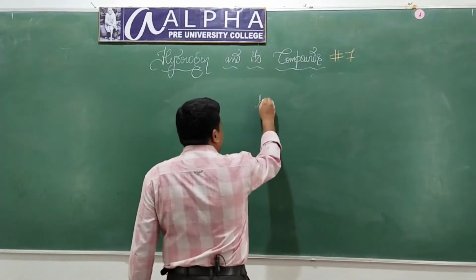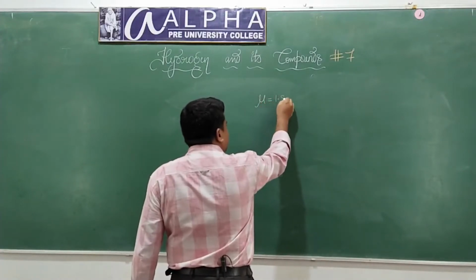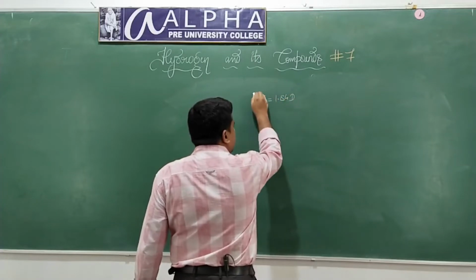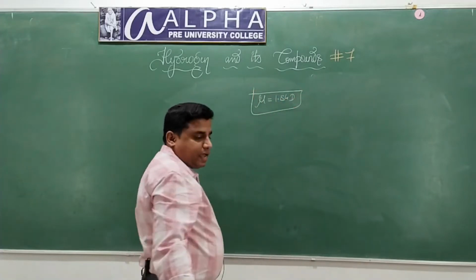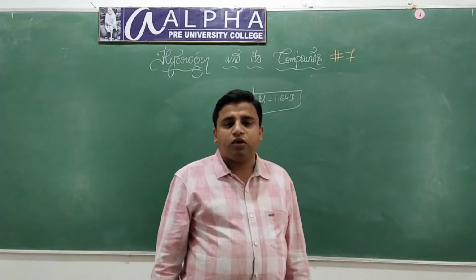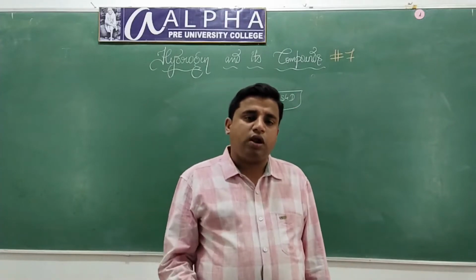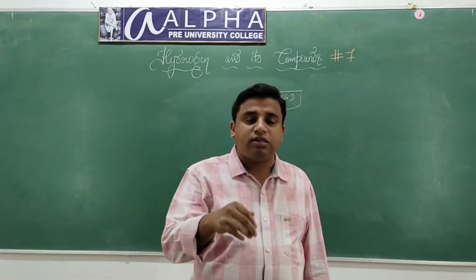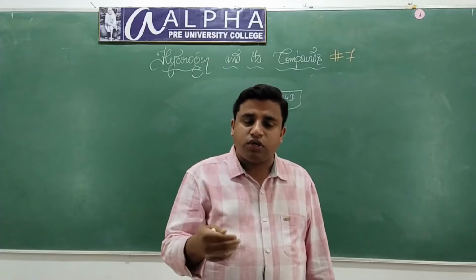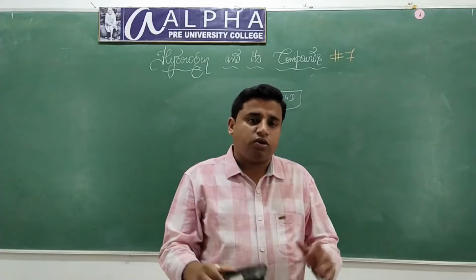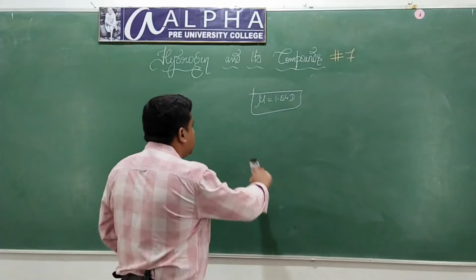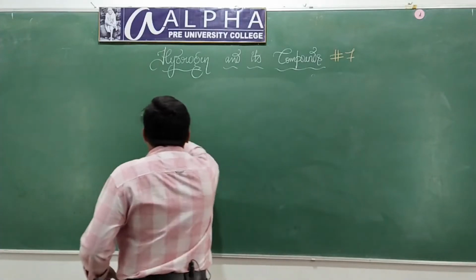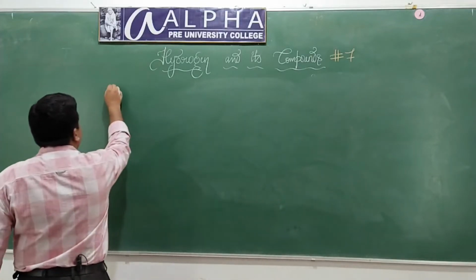The dipole moment of water is found to be equal to what? 1.84 D. Very high dipole moment, hence it is a polar solvent. Since it's a polar solvent, it dissolves what type of solutes? Polar solutes. Yes.